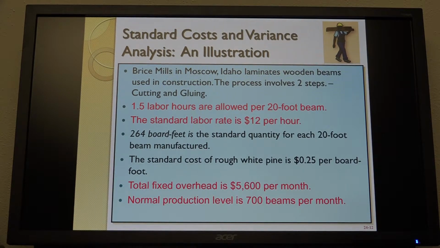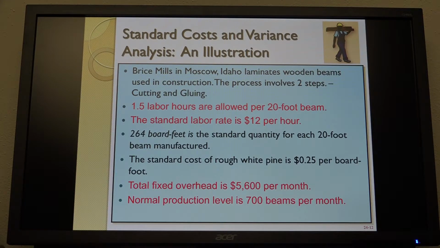So we have an example here. Bryce Mills in Moscow, Idaho, not far from here, laminates wooden beams used in construction. I assume this is a fictitious company, but I don't know that to be a fact. The process involves two steps, cutting and gluing. 1.5 labor hours are allowed per 20-foot beam. So that's the standard time they've determined to make a 20-foot beam.